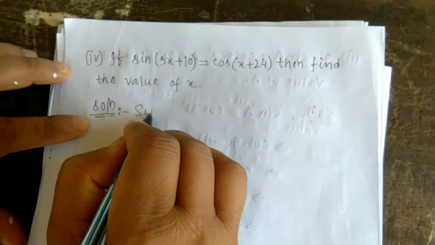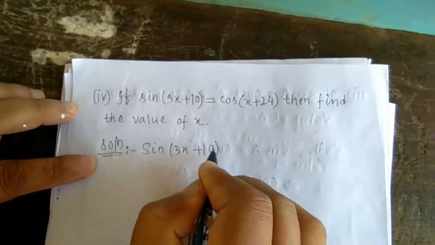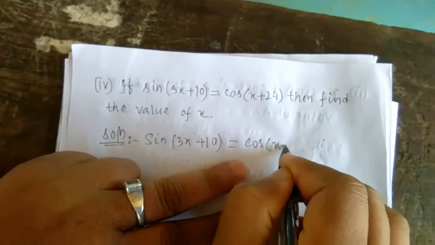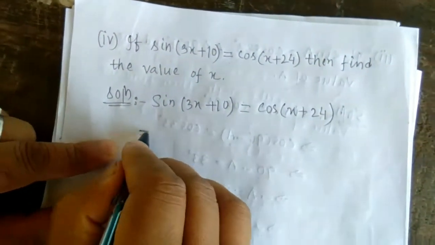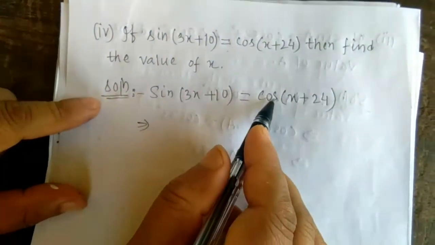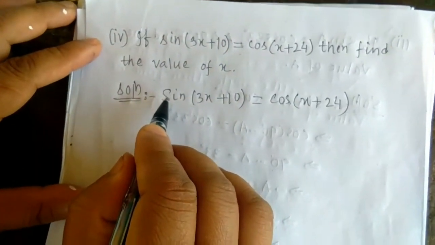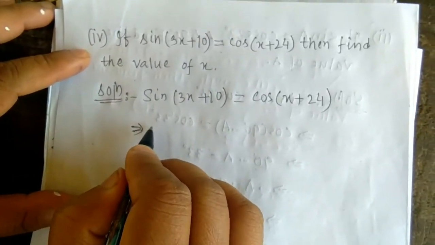Same as before, sin(3x + 10) given equals cos(x + 24) given. Either you convert sine in terms of cos or cos in terms of sine. Okay, let me convert sine in terms of cos. So to convert, you have to apply the complementary formula.